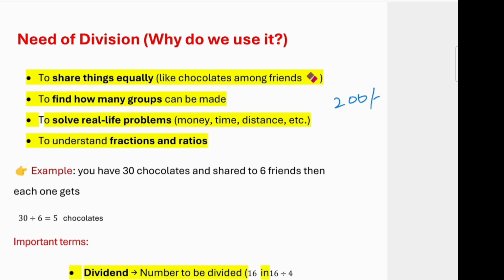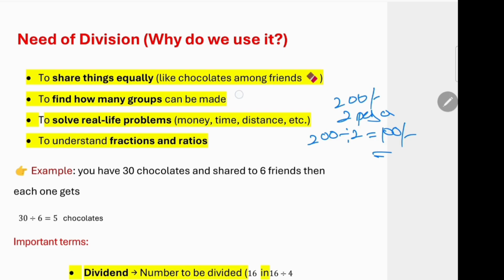Therefore, each one gets 100 rupees. It can be shown that 200 divided by 2 is equal to 100 rupees. How many persons are there? 2 persons. Each one gets 100 rupees.